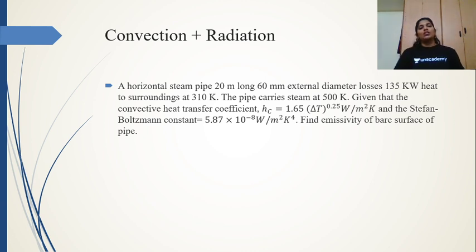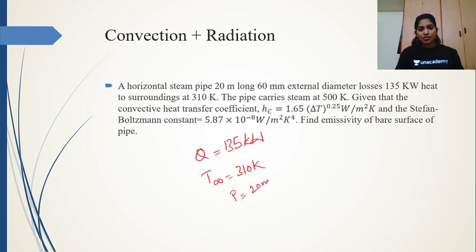Convection plus radiation. See, here we are having a horizontal steam pipe of 20 meters long and 60 external diameter, and losses are 135 kilowatts to the surroundings at 310 Kelvin. So heat loss is 135 kilowatts and ambient air temperature is 310 Kelvin, and the pipe is 20 meters long and diameter is 60, which is nothing but 60 into 10 power minus 3 meters.